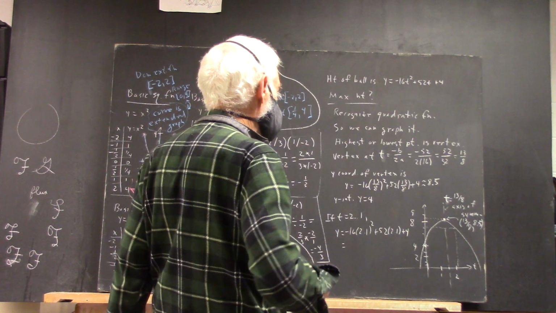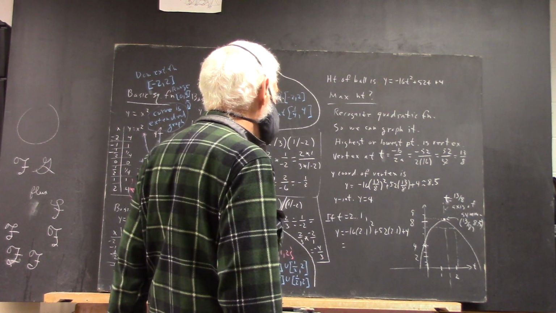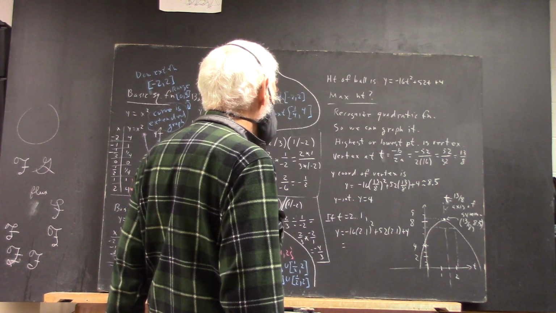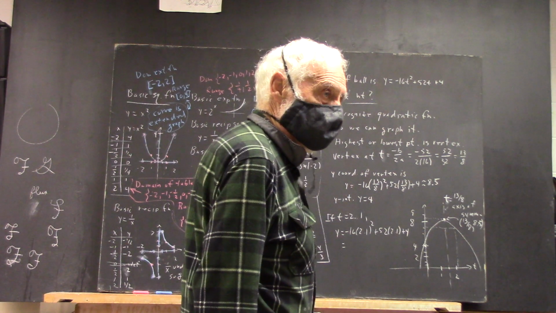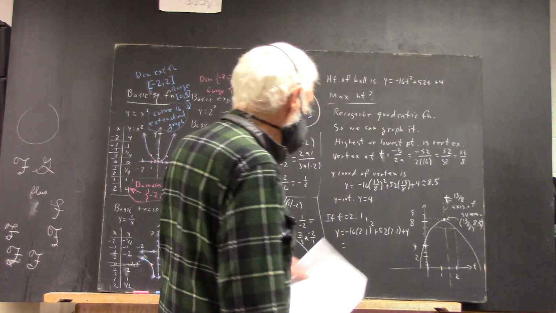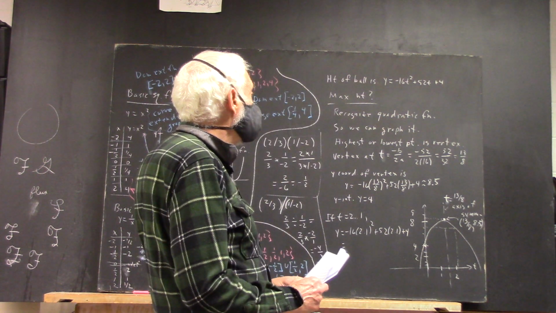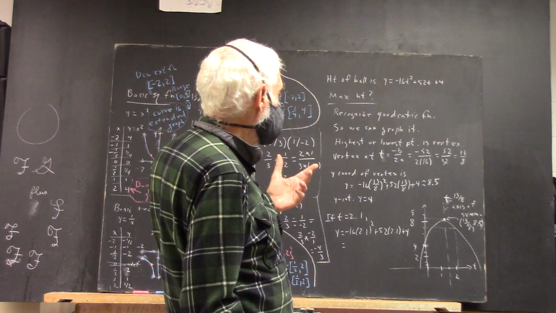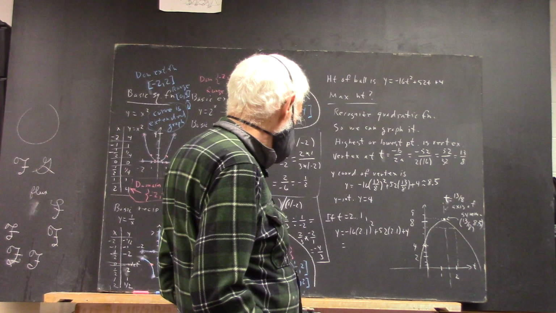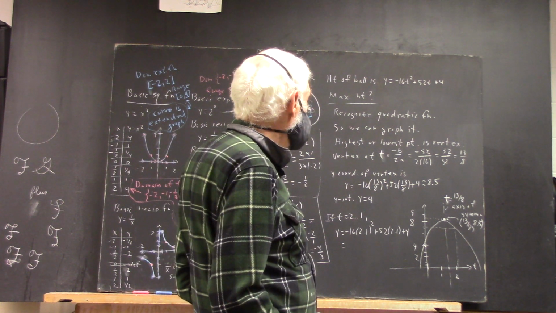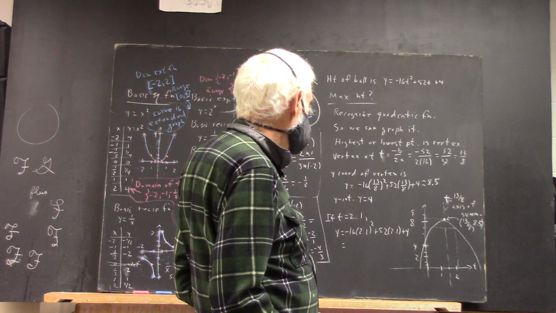Something's terribly wrong. Probably wrong with my calculation here. Because when I plug in 2, I get like -64 plus 104, which is 60, plus 4, which is 68. So what kind of bonehead thing did I do here?